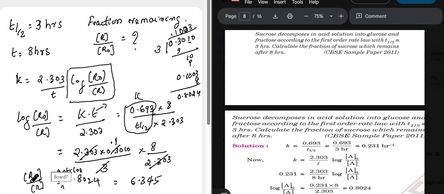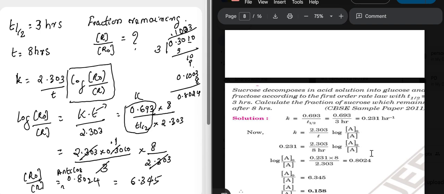Then here again, don't think that the answer is complete now, because here we calculated R0 by R, but we want R by R0. Fraction remaining is R by R0, so we have to take the reciprocal.